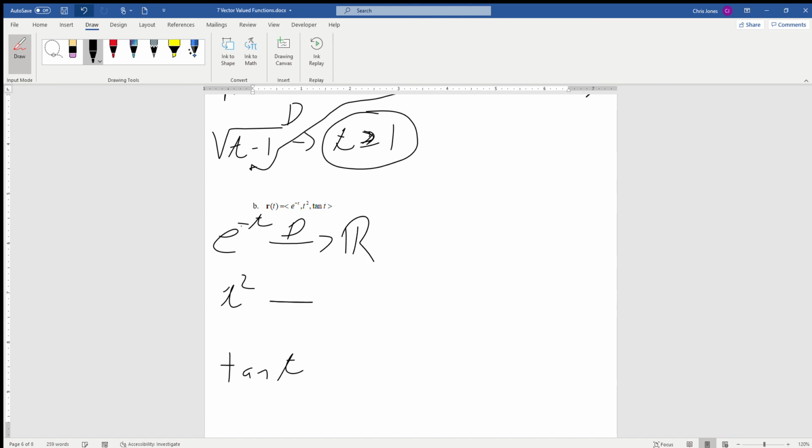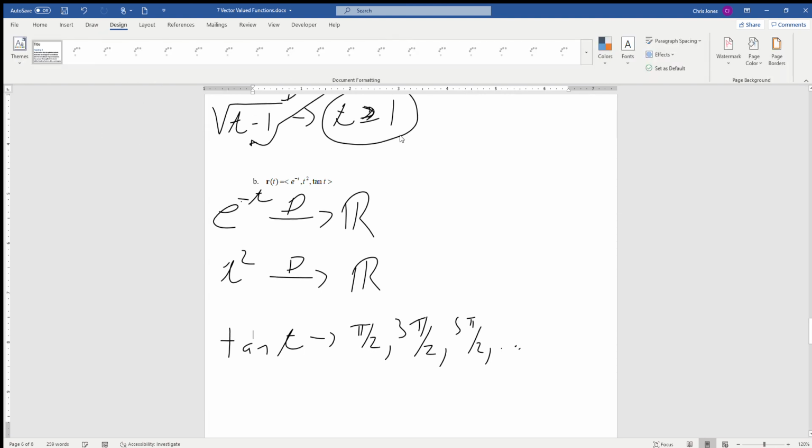T squared is a polynomial. The domain of all polynomials is all real. And we know that the tangent function does not exist at pi halves, 3 pi halves, 5 pi halves, anything with a 2 in the denominator and an odd integer times pi, forever.